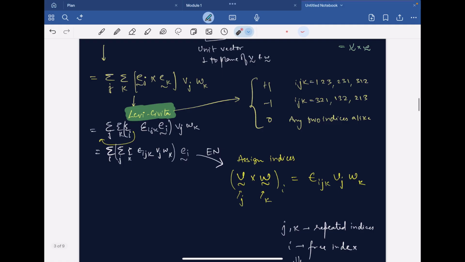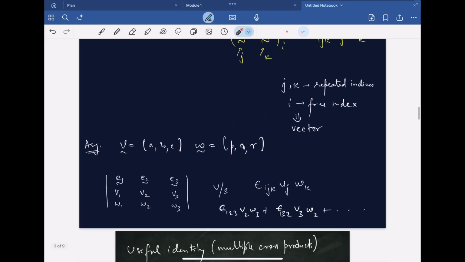And another property: if any two indices are the same, so epsilon 1 1 2, this would be automatically 0. Since this will give you 9 terms and you have to account for them, this is generally lengthy. So why do we follow it? The reason is that it is really helpful in proofs.